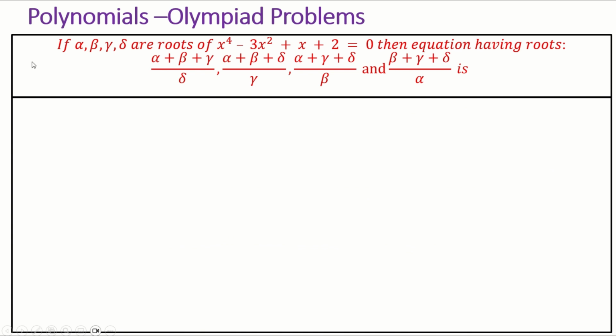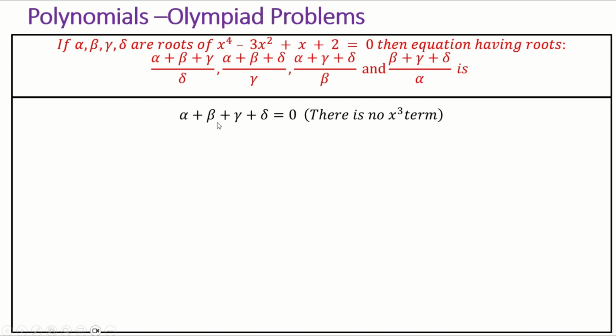Now, alpha, beta, gamma, theta are roots of x power 4 minus 3x square plus x plus 2 equal to 0. Then find the equation having these 4 roots: alpha plus beta plus gamma by theta, basically the sum of 3 roots divided by the other one. Now, let's find out.